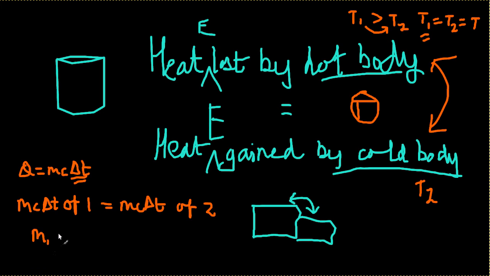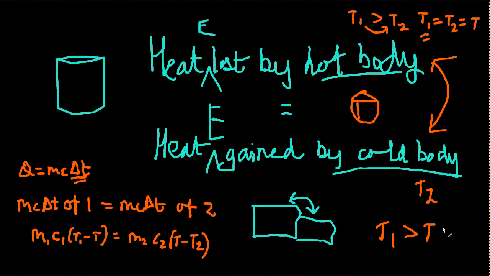And why is it? Because this is the relation between them: T1 is greater than T, which is greater than T2. So to get a positive, you're going to subtract T2 from T. So T minus T2 comes over here. This is your formula, and you'll be using this for all your numericals. You should know this.